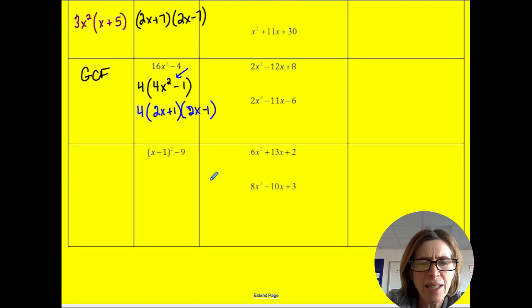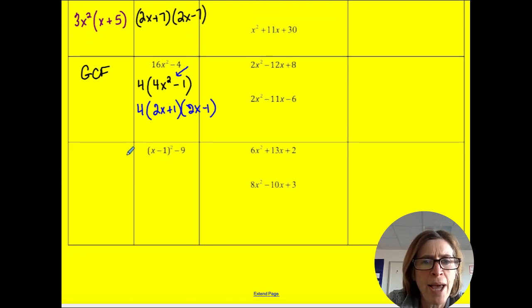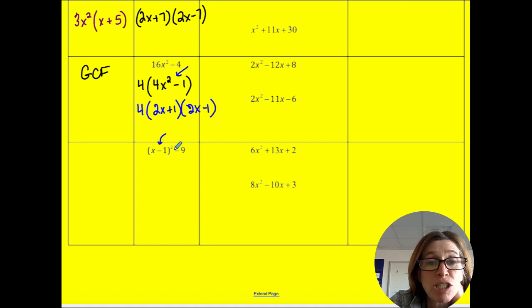All right, a little bit more challenging is when I give you something that doesn't look exactly the same. But I can see that this expression, because it's raised to the 2 power, is a perfect square, and 9 is a perfect square. So guys, that means that you can factor it using the pattern.